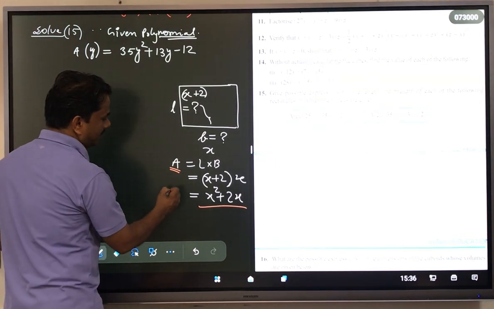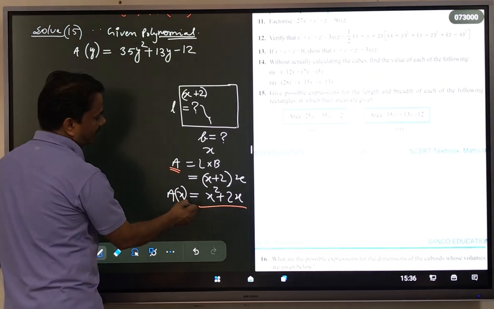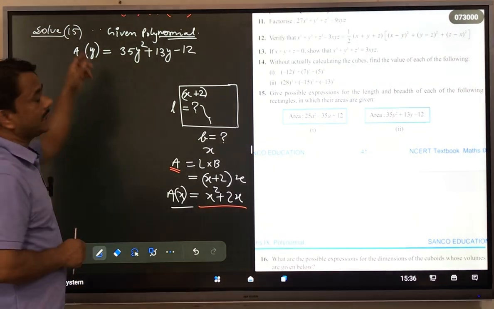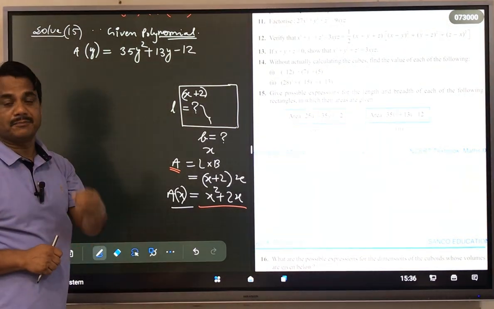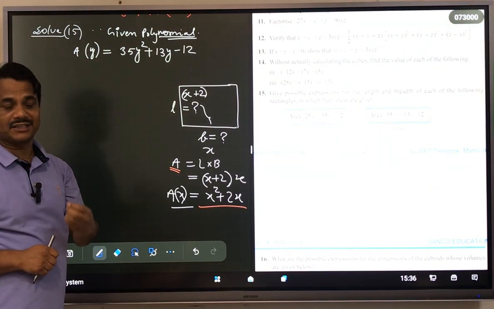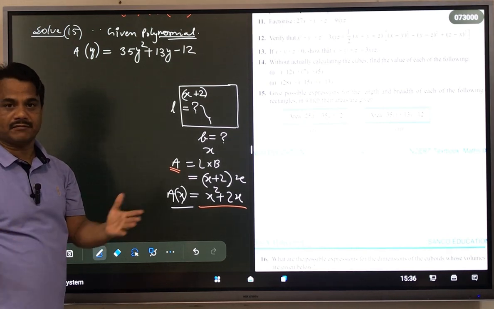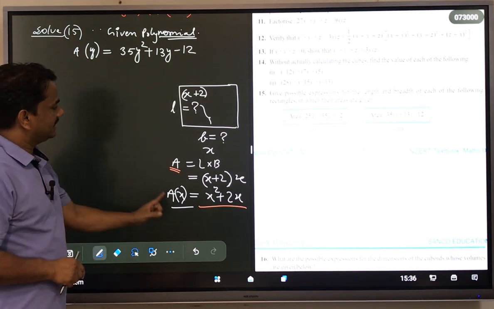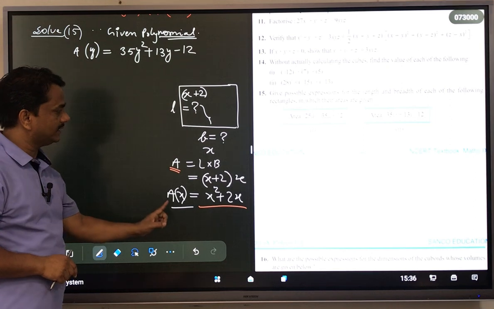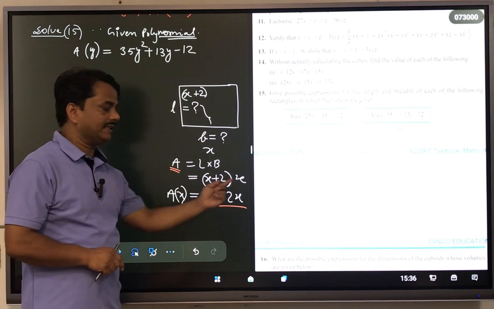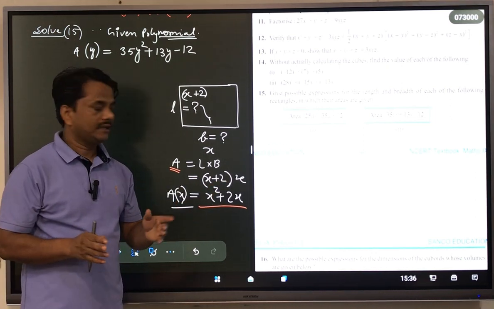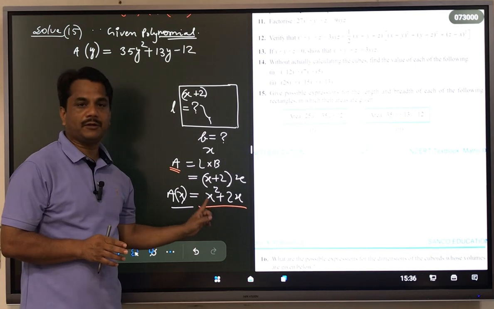Very clearly we can write this as A of x. Like that, sometimes we write p of y, p of x, q of x, q of y, q of t, p of t, etc. So this is the area polynomial. What I have done here is multiplied them, composed them, and brought a single polynomial.